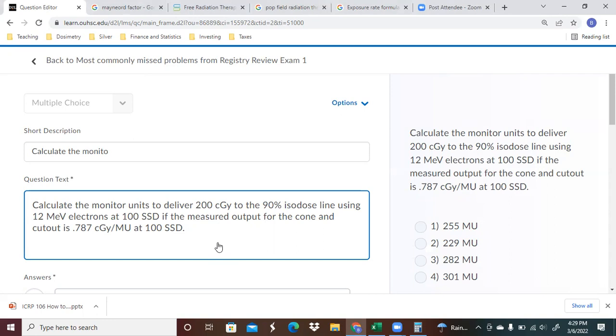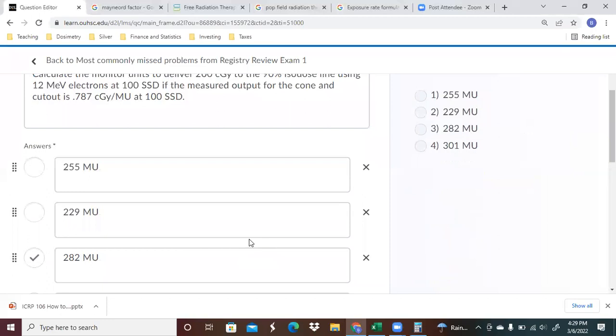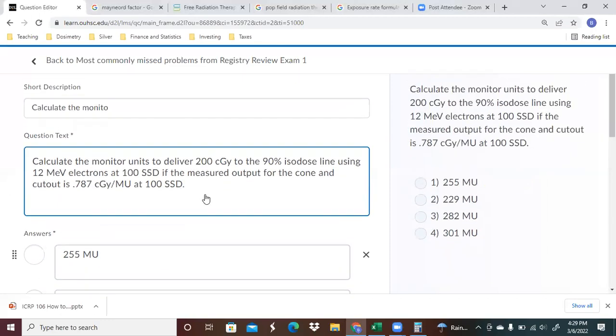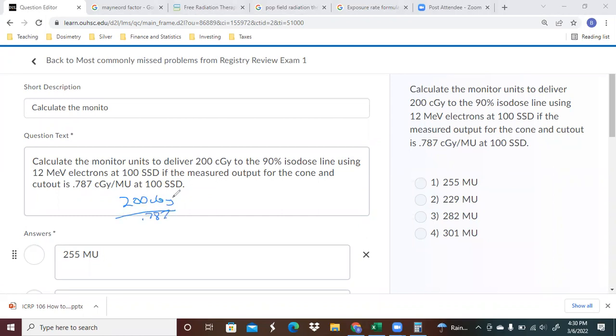Now, I want you to take a quick look at this and see that it's about 282. So if I take the dose that we want to deliver and divide it by 0.787, I want to show you what we got.